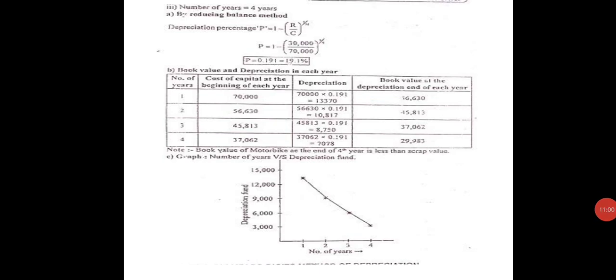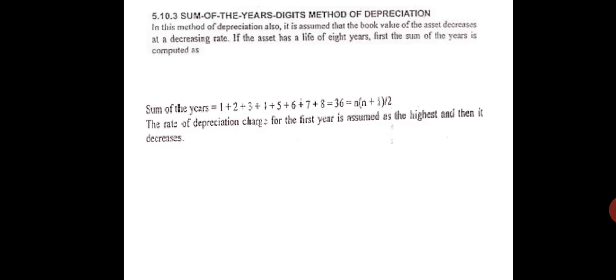Now you should look at the next method of depreciation, that is the sum of the years digits method of depreciation. In this method also, it is assumed that the book value of the asset decreases at a decreasing rate.